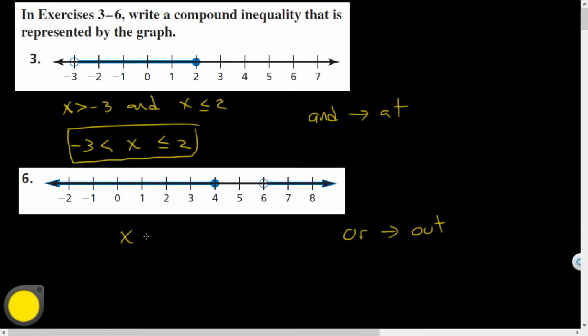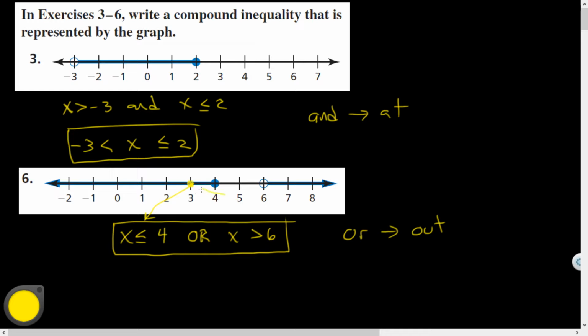So here we go. I'd have x is less than or equal to 4, or x is greater than 6. The reason the OR logic has to apply here and not AND is because a solution like 3, for instance, makes this inequality true, but is not true for that inequality. 3 is not bigger than 6. So any solution in the solution set will only ever work for one of those inequalities.